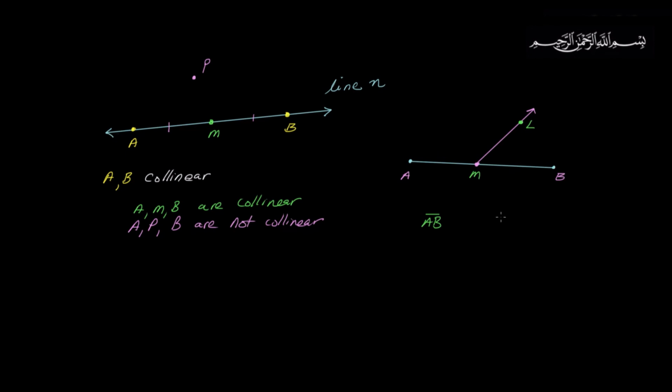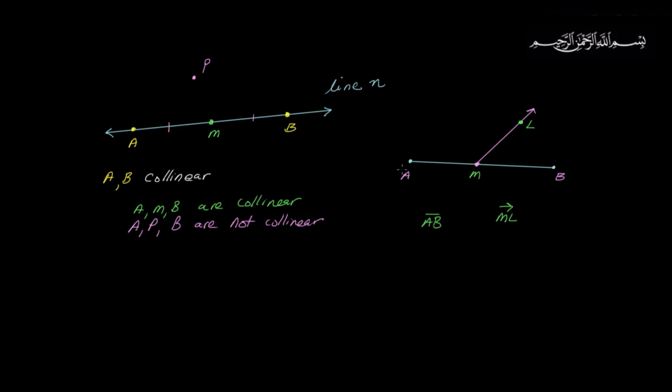So let's write this ML, ray. So AB and ML intersect. Where do they intersect? Well, they happen to intersect right here at point M. That point happens to be also the endpoint of the ray, but that's fine because that's a point just like any other point, right?